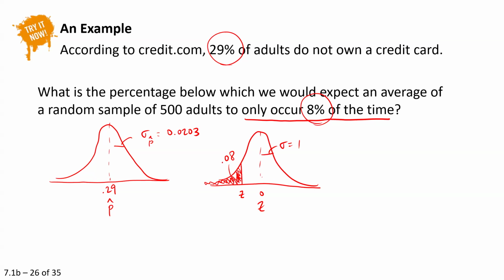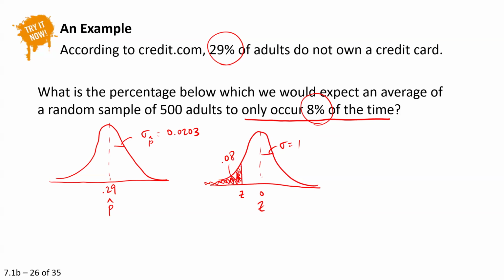Yeah. So go ahead. Somebody find it. Be careful. Do we have a z value or are we trying to find a z value? And how much area is to the left? 0.08.